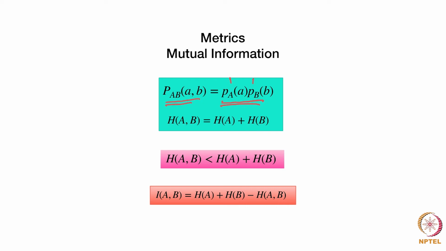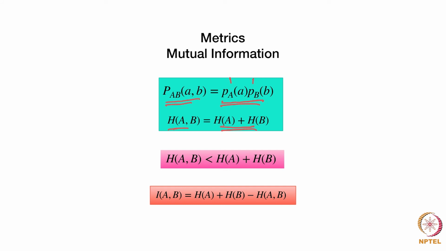That's what this shows. These A and B are nothing but pixel intensity values, so we are treating them like random variables. So if you look at what I can call the joint entropy, the joint entropy H of A comma B is given by the sum of their entropies.